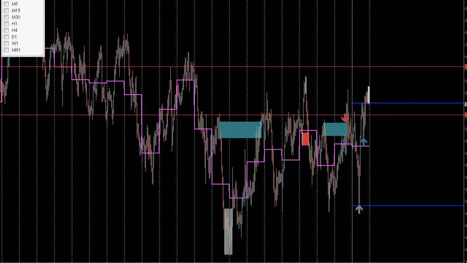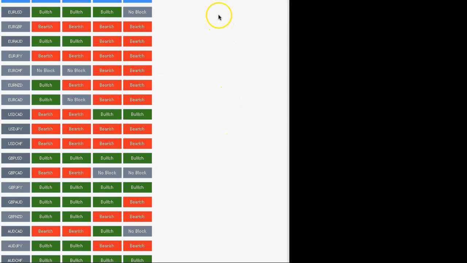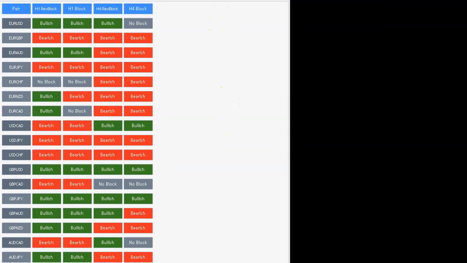That's how you filter out your pairs and your trades, by looking at your H1 and H4 blocks. Then on Monday, you're going to make a decision whether you want to trade within the same 1 hour time frame, or trade on 15 minute blocks.